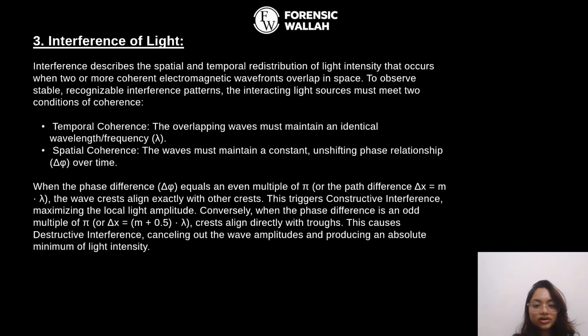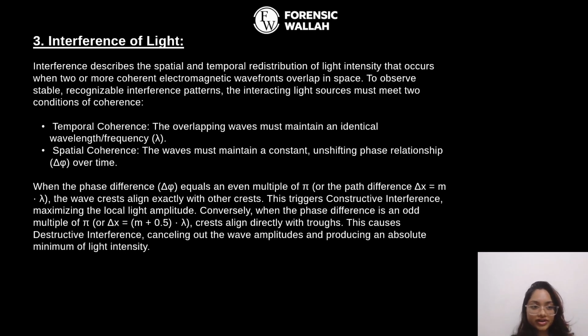Now, for the temporal coherence, the overlapping waves must maintain an identical wavelength and frequency, that is lambda. If the frequencies are different, the pattern will change too quickly for detection. Now, spatial coherence. The waves must maintain a constant, unshifting phase relationship over time. When these conditions are met, we observe two extremes.